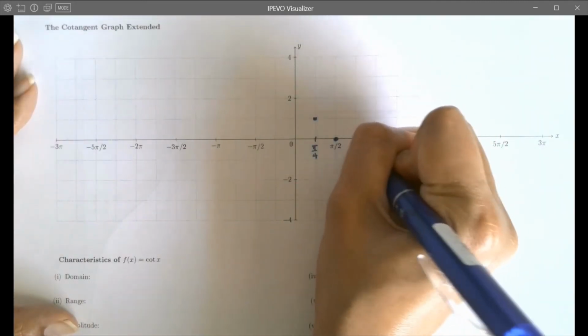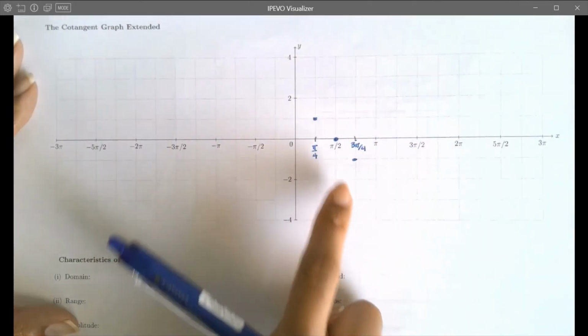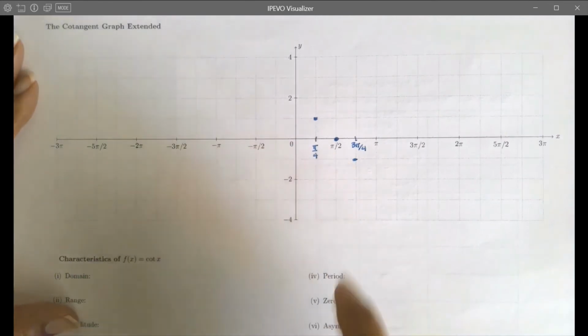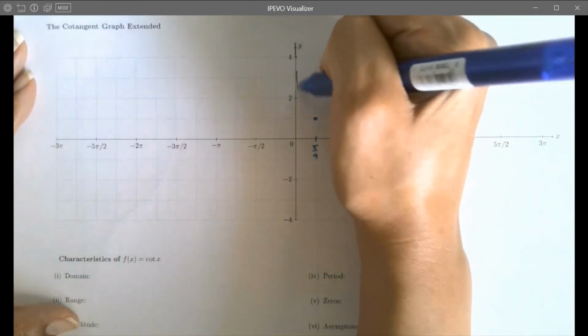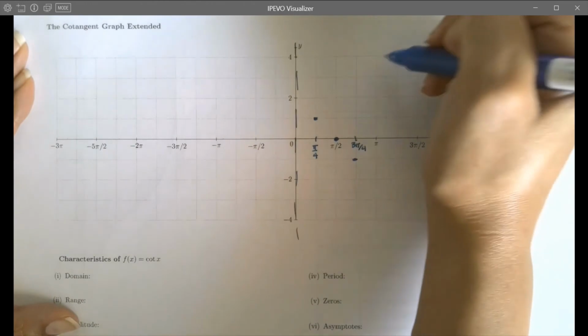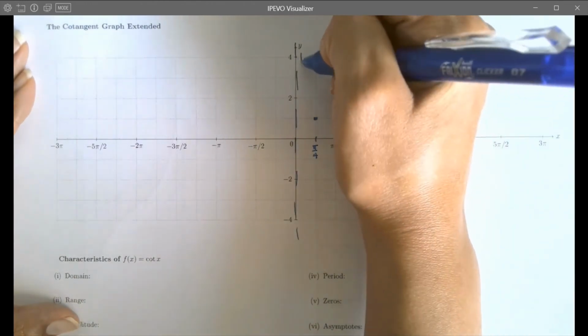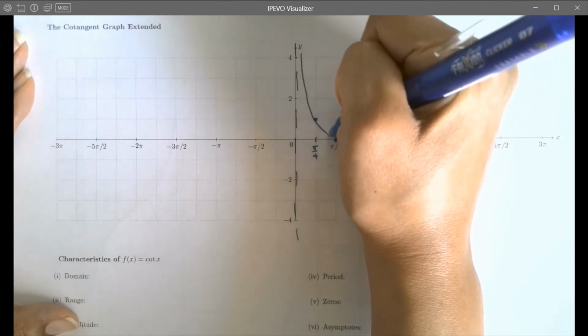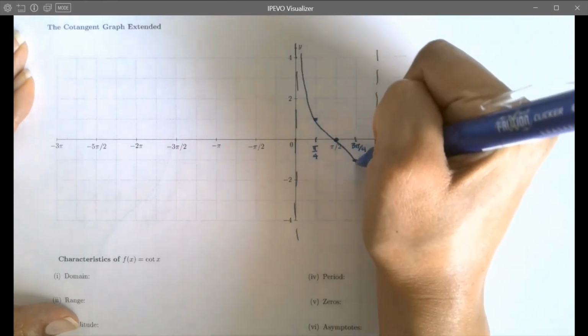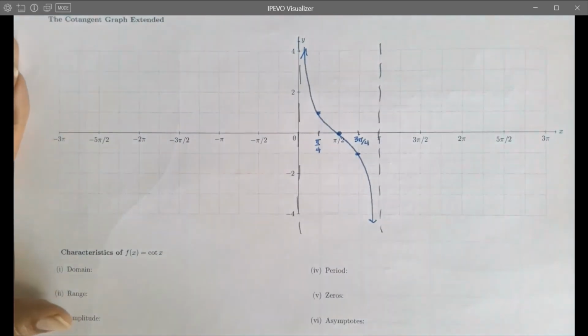This is 3 pi over 4, and 3 pi over 4 corresponded to negative 1. And then we had asymptotes at 0 and pi. So I'm going to approximate the rest of the points so that the curve of cotangent follows more or less what we had on the previous page.